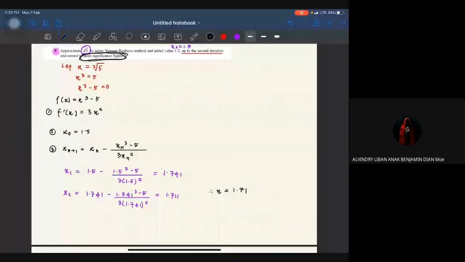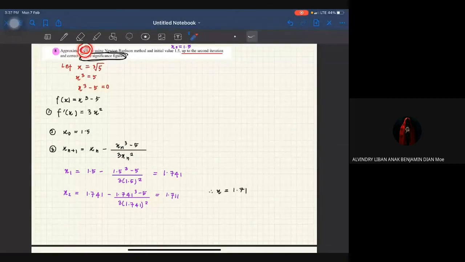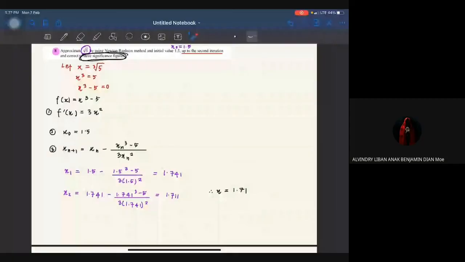Kalau awak cuba tekan calculator directly, masukkan nilai yang ini, you will get 1.70997 blah blah blah. Jawapan awak ini jawapan yang betul sebab dia dekat. Okay, itu sahaja untuk nombor 8. Any other question?